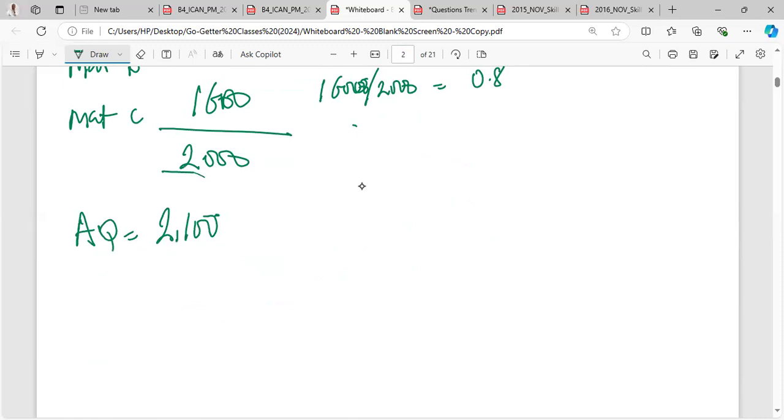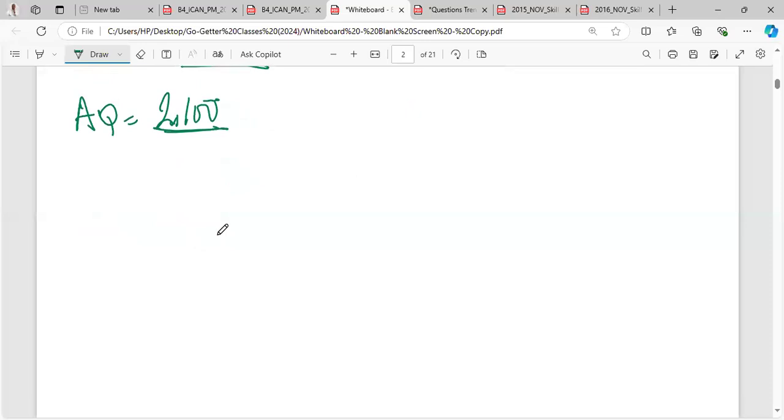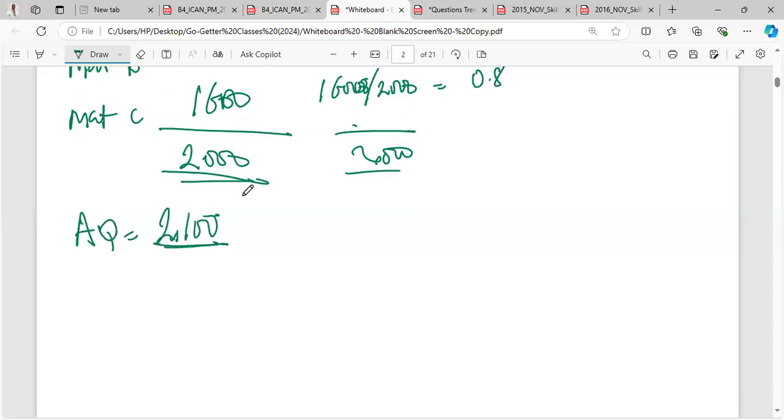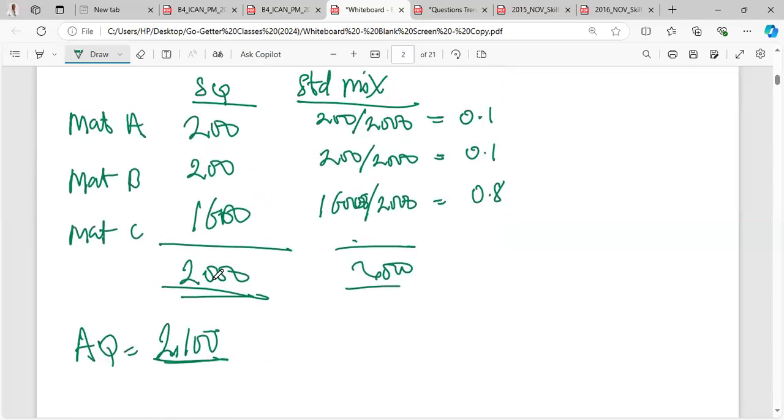Remember, we used 2000 to get the standard mix. Now we have 2100 as our quantity. If we have 2100 as our quantity, what will be the standard mix to get 2100 units?